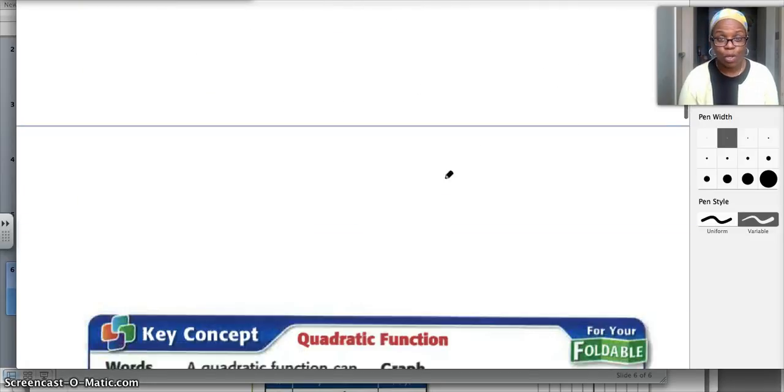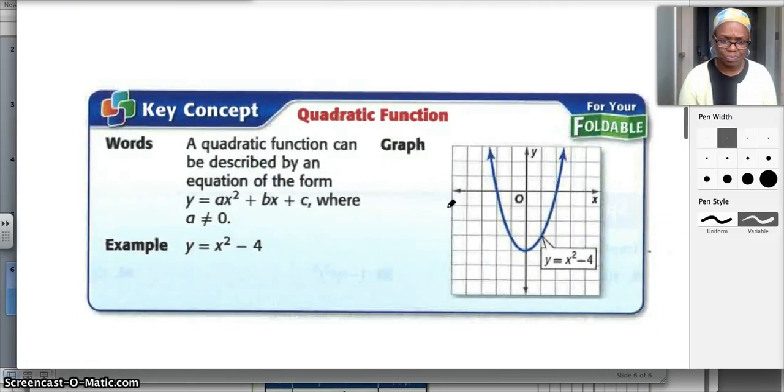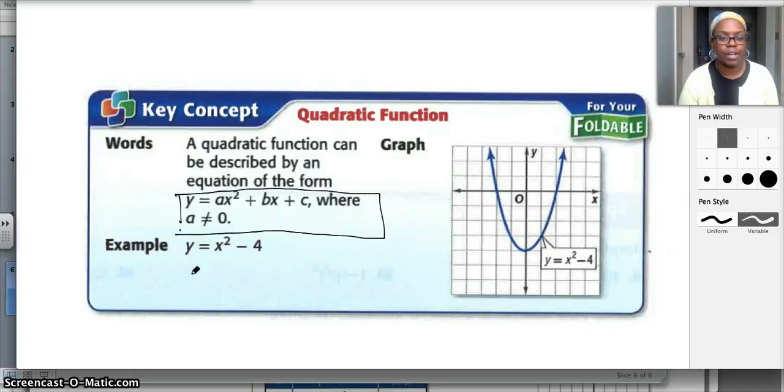Let's get started with at least some key concepts. This is exactly what a quadratic function is, and when we graph it, it looks like this. Notice over here, if I were to write this in ax squared plus bx plus c form, I would have 1x squared, so a would be 1, plus 0x, b is 0 here, plus negative 4.